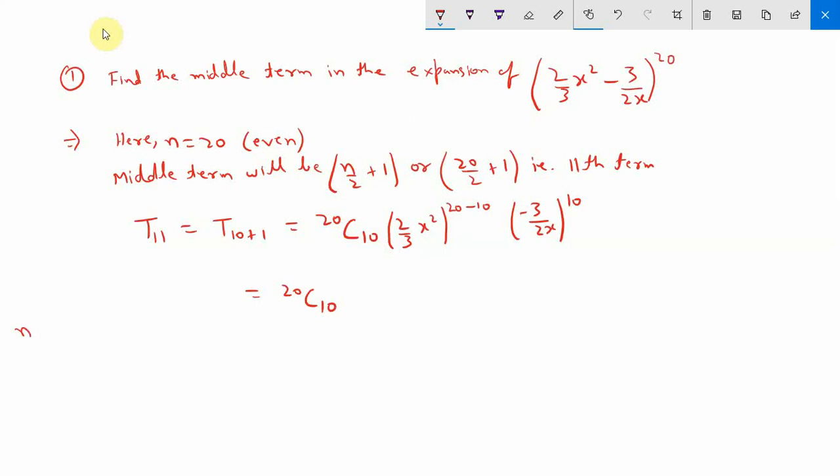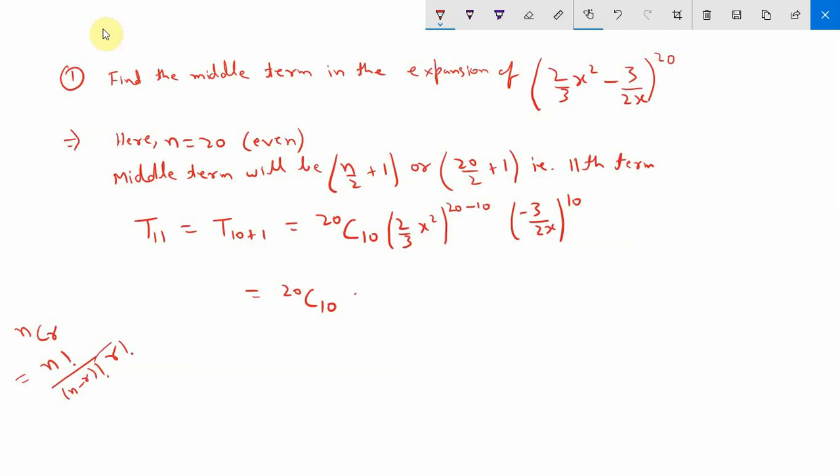If we have nCr, you can go through the permutations and combinations lecture to understand this. We expand this by n factorial by (n minus r) factorial into r factorial. So this you can expand using that.